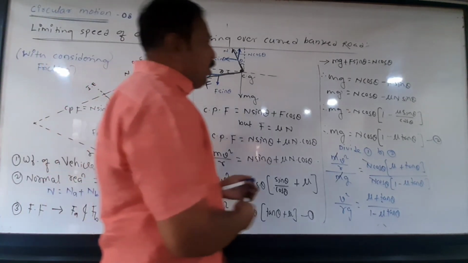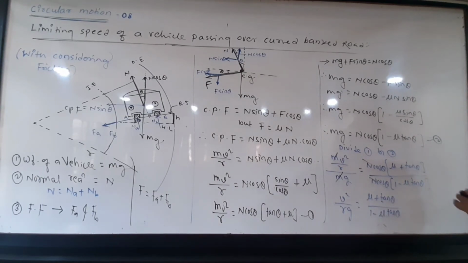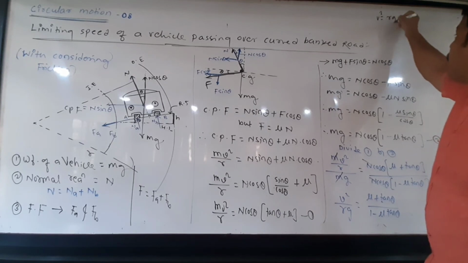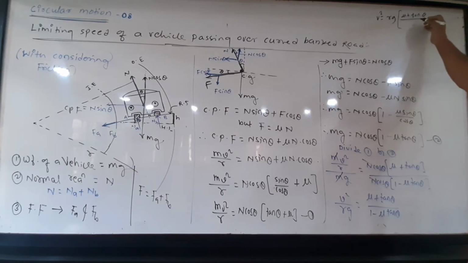Now take this rg on the right hand side. Therefore v square is equal to rg, mu plus tan theta divided by 1 minus mu into tan theta.